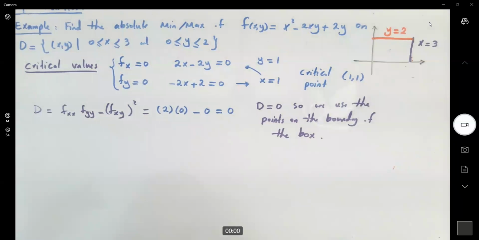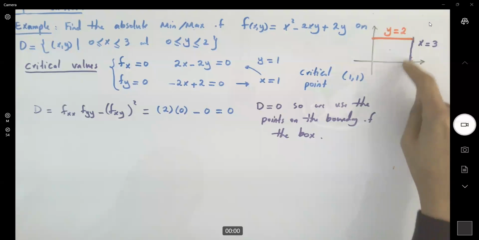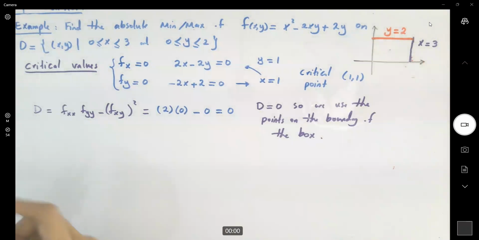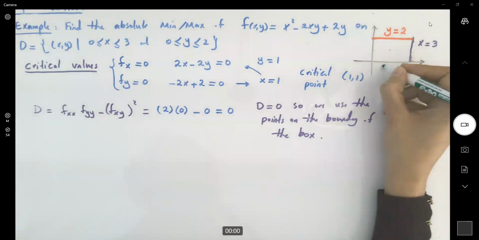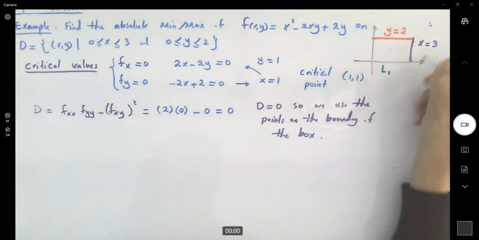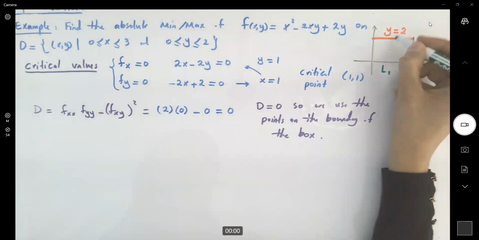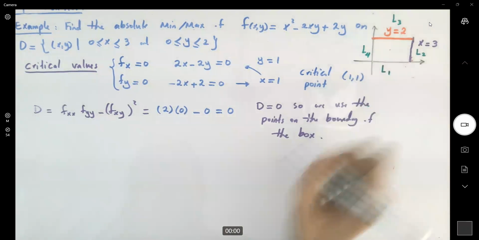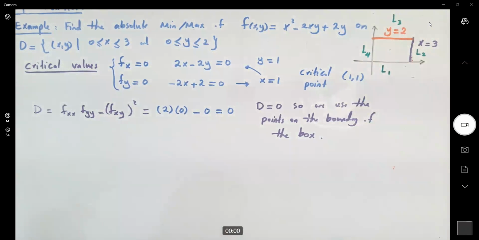So now take a look at this. You have 1, 2, 3, 4 boundary lines. Am I right? Let's call them, for example, L1 and L2, line L3 and line L4. These are the boundaries which are written in line forms.